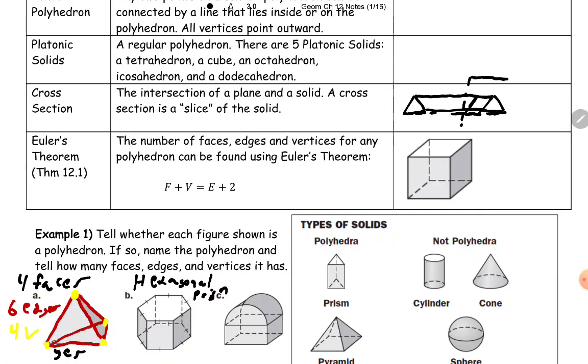And what gives it the hexagonal name is you look at the base, and that's what we name the prism after, whatever the shape of the base is. This one has 8 faces, 18 edges, and 1, 2, 3, 4, 5, 6, 12 vertices.